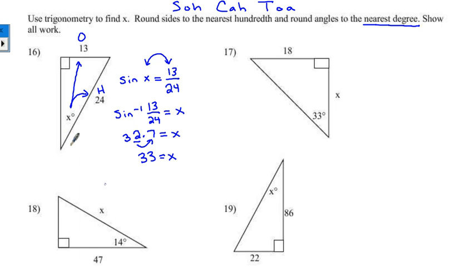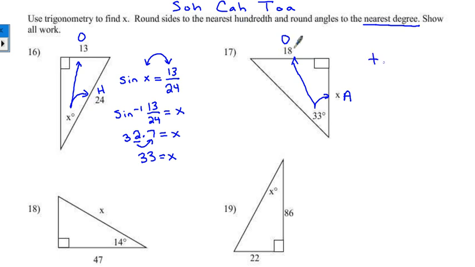Okay, for the next one, we're looking for a side length now. When we're looking for a side length, we still do the same thing. We find the relationship. That's going to be from this angle, the opposite side and the adjacent side. When we have opposite and adjacent, we'll be dealing with TOA, with tangent.